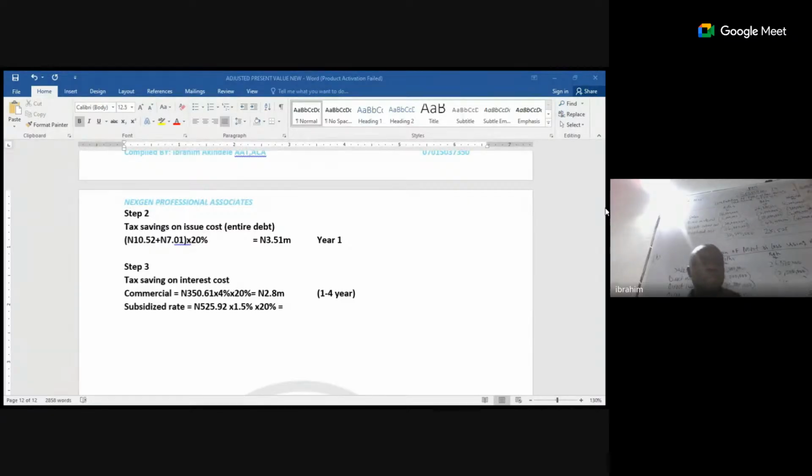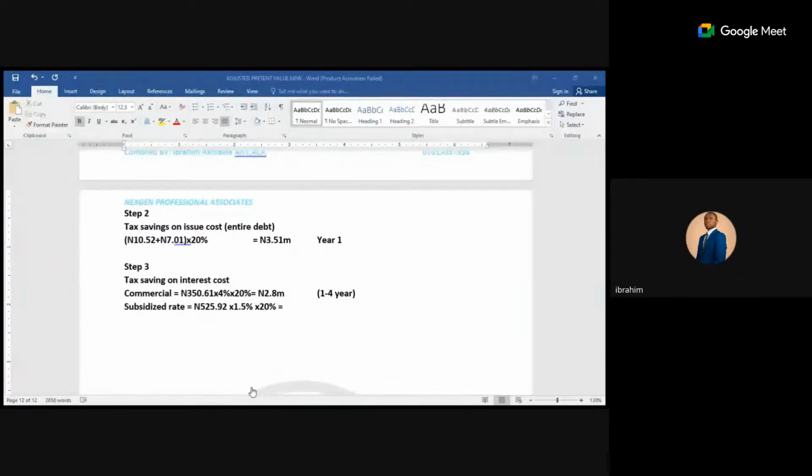So now, Latifat, refer to what we did in our previous class, please. You said tax savings will only be on subsidized rates. How now? They say tax savings on interest costs. Where do you normally see interest? You see interest in commercial and subsidized.